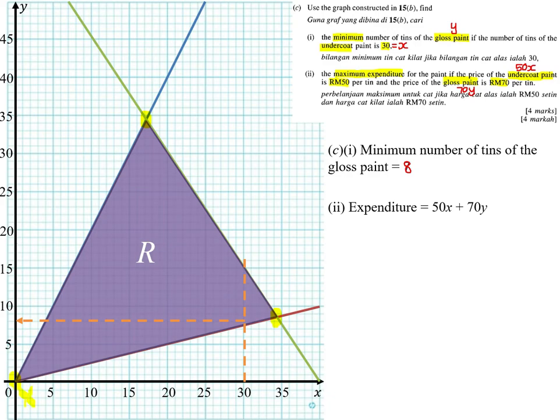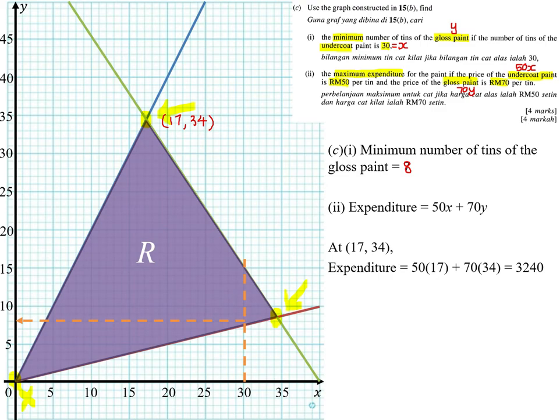So now we just have to check whether this point or this point will give you the maximum expenditure. Okay, now we refer to the coordinate 17 and 34. We substitute inside the equation for the expenditure. So 50 times 17 plus 70 times 34, it gives you 3240.